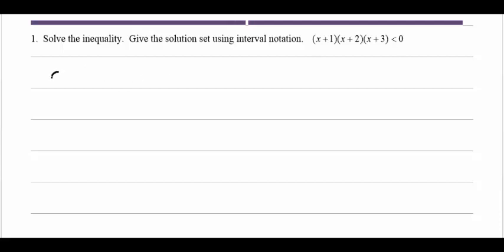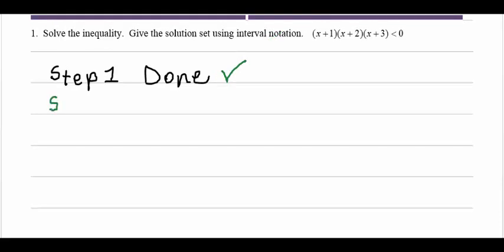So the first step is for me to get a 0 on the right side of the inequality, and that step is actually done. So I don't need to do anything to make that happen. That step is already done.